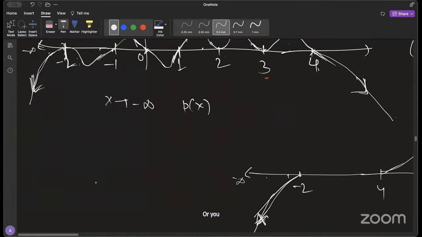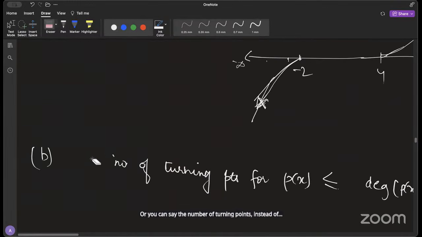Or you can say the number of turning points instead of maximum.